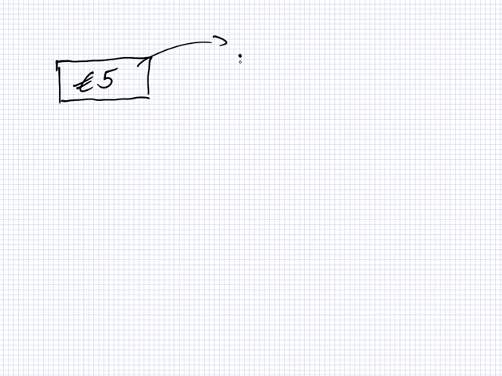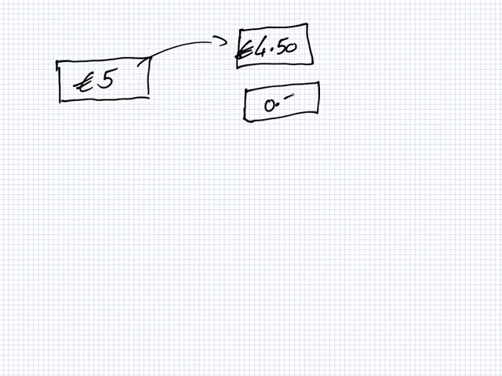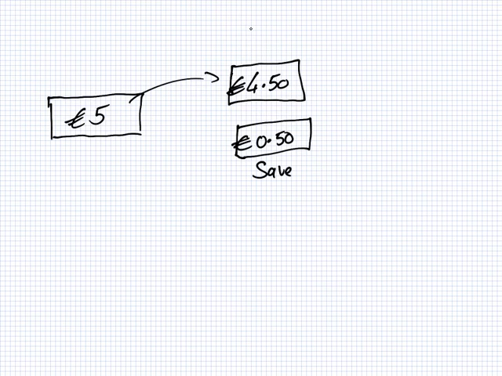So if this was the shopkeeper, or the restaurant owner, they'll spend €4.50, but then 10% of it they'll put into the bank, into savings. So they'll save 10% of it, but they'll re-spend, I suppose you could say, the money that they get.